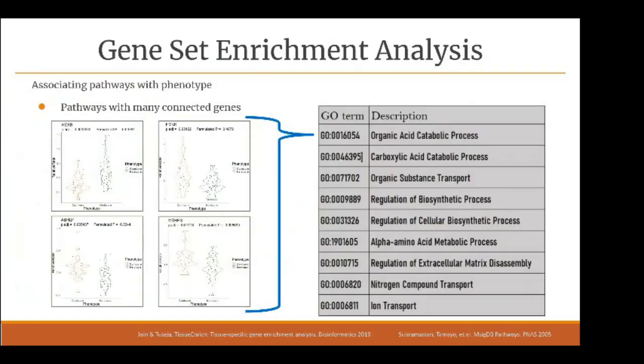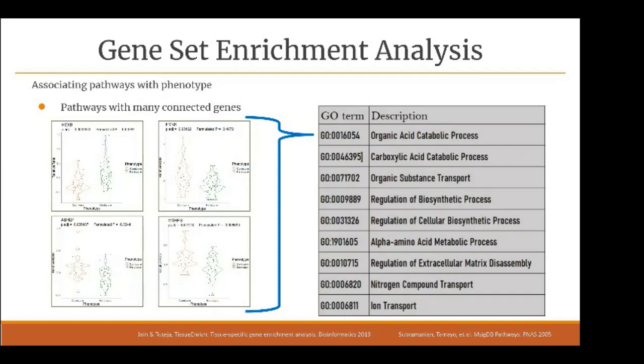Finally, the last step is by taking these connections between genes and phenotypes, we can then aggregate those to connect whole pathways to phenotypes. What we do is we have these gene ontology GO terms, and we look for those which are enriched for genes under selection.